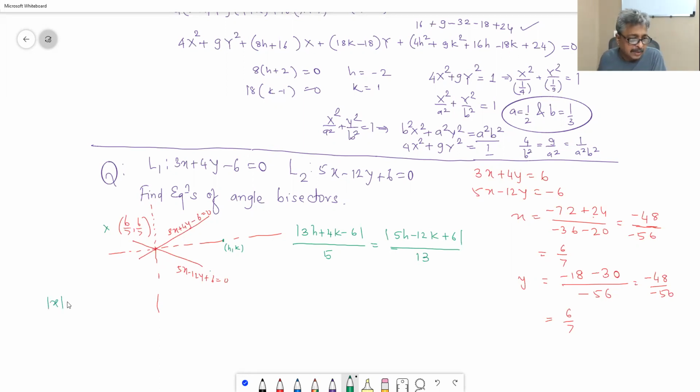Mod x is equal to mod y, then either x is equal to y or x is equal to the opposite of y.